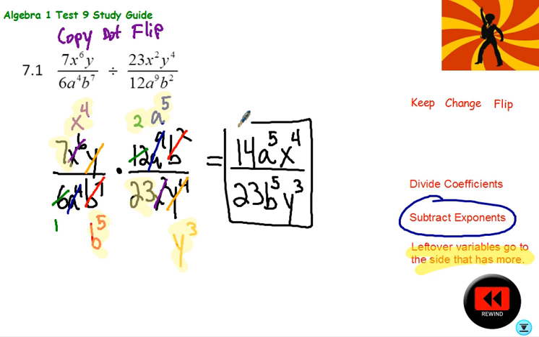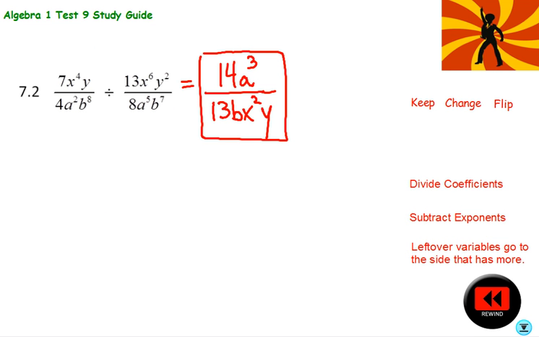Okay. All right, so pause now and see what you can do with 7.2 and 7.3. All right, so let's check it out. 7.2 should have 14a cubed over 13b x squared y.